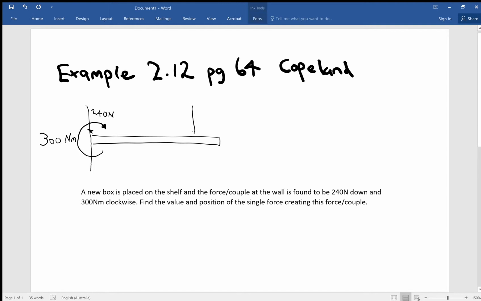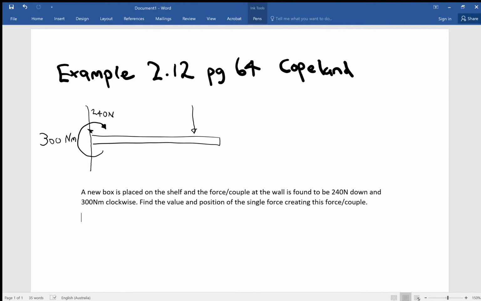Now we need to know the magnitude and also the position. We know that in our previous example the force acting down at the wall was the same as the force acting down out on the shelf. So that makes our working out our force quite simple, really.